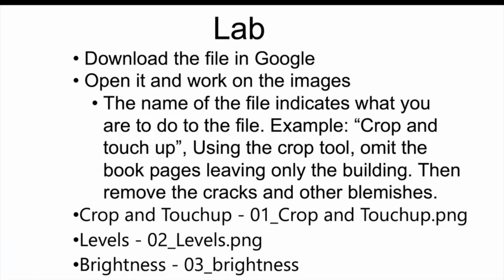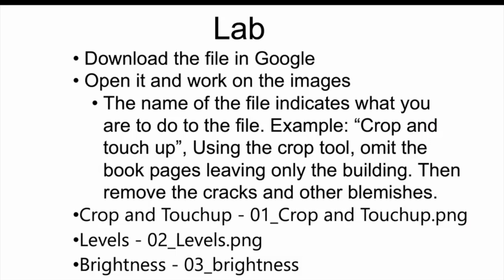I'm going to explain it really quick, but then you can look at the tutorials and you can see that it's pretty straightforward. I want you to download the files in Google for the photography introduction, open the folder, and you're going to work on the image. The name of the file is going to indicate what I want you to do with the file. For example, crop and touch up.